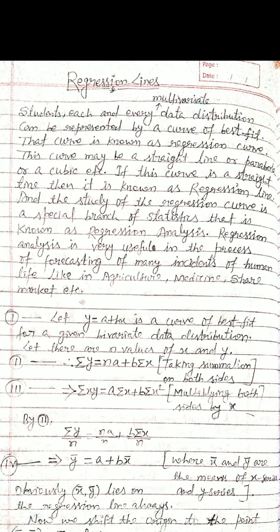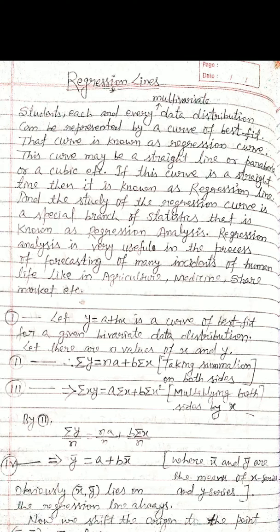As it is clear by its name, these are lines, but beyond its name, regression lines are not just lines. They may also be a regression curve. The general term is regression curve, but the specific term here is regression lines.